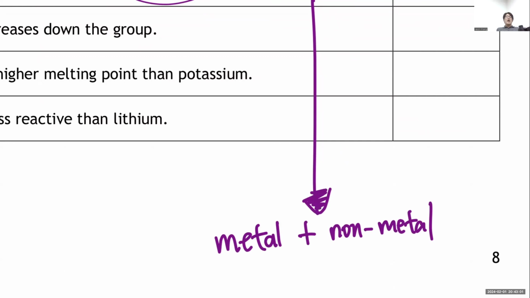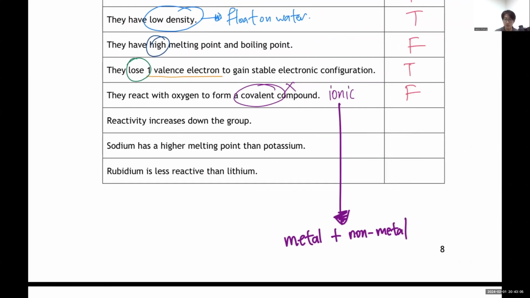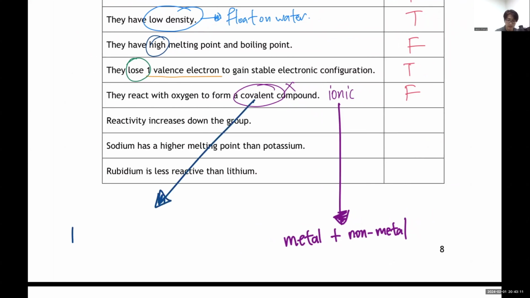When a metal and a non-metal react, they form ionic compounds. Okay, it's not covalent. Then covalent is formed by what? Covalent compounds are formed when non-metals react together.